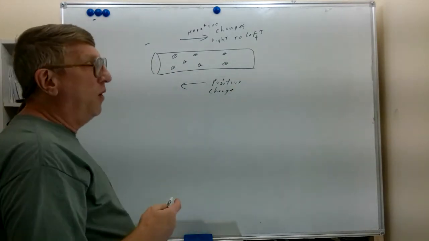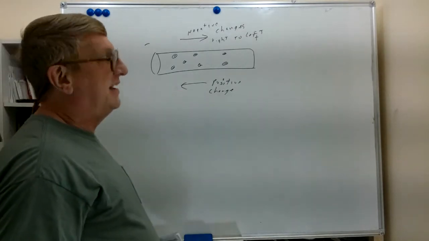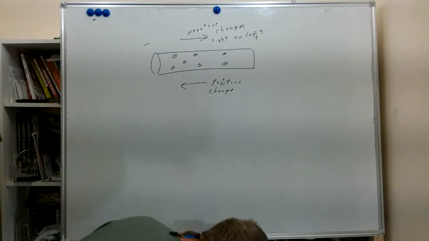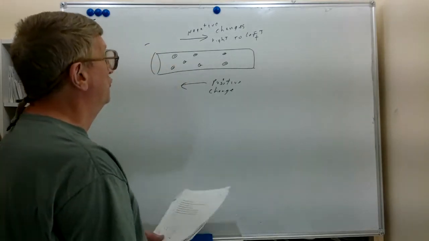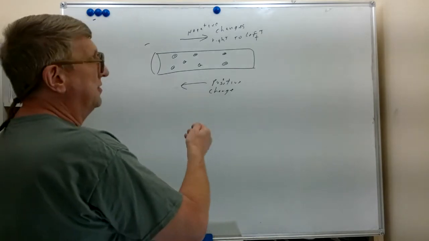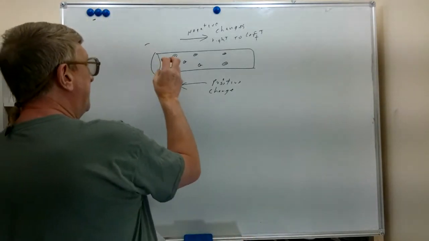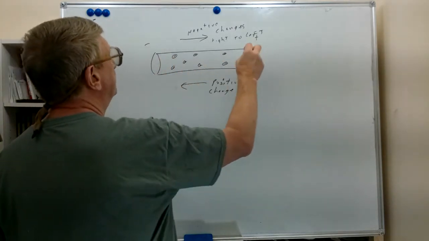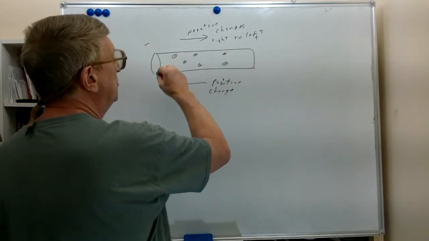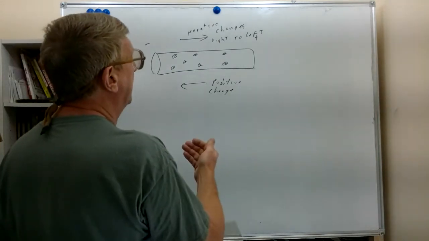In something such as a wire, this positive charge is not attached to a physical charge carrier that can move, whereas the negative charge is attached to an electron which actually can move. The positive charge ends up being the molecules, the atoms of the conductor that have missing electrons.